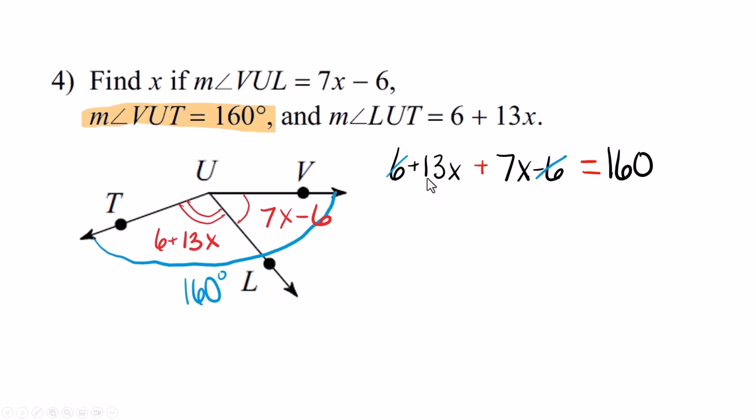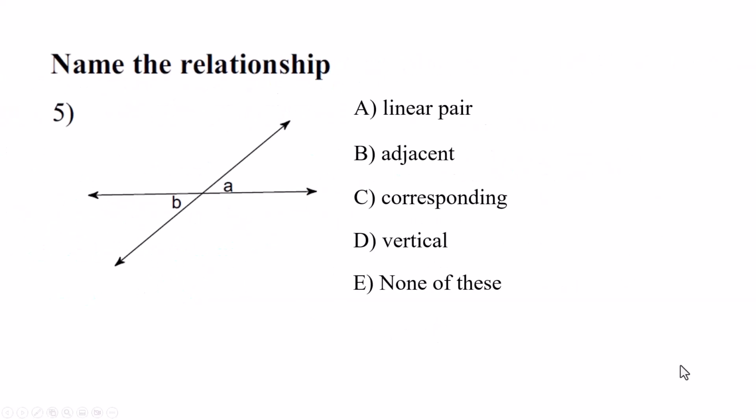Woohoo! 13x plus 7x is 20x, and that equals 160. Now let's divide both sides by 20. And 160 divided by 20 is 8. x equals 8. And you didn't have to plug this one back in because the question is asking us to just please find x, and we did. All right, try this one.